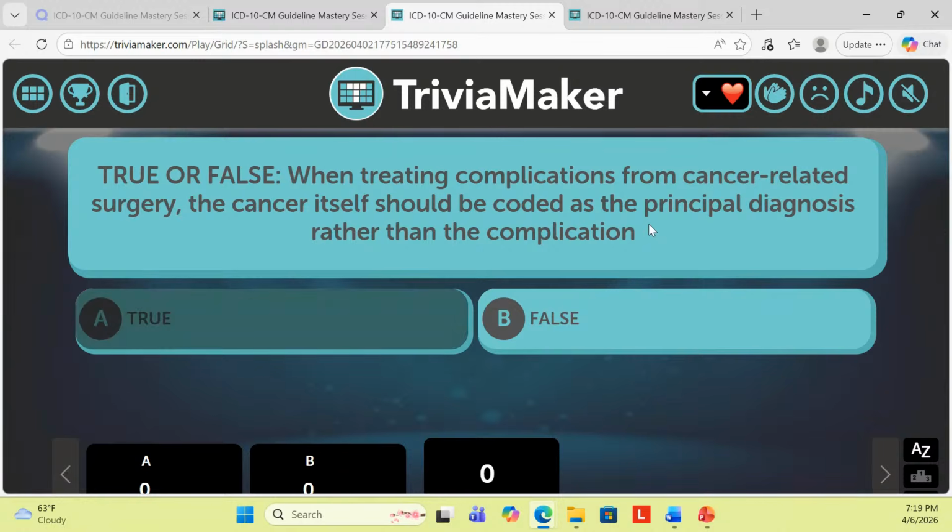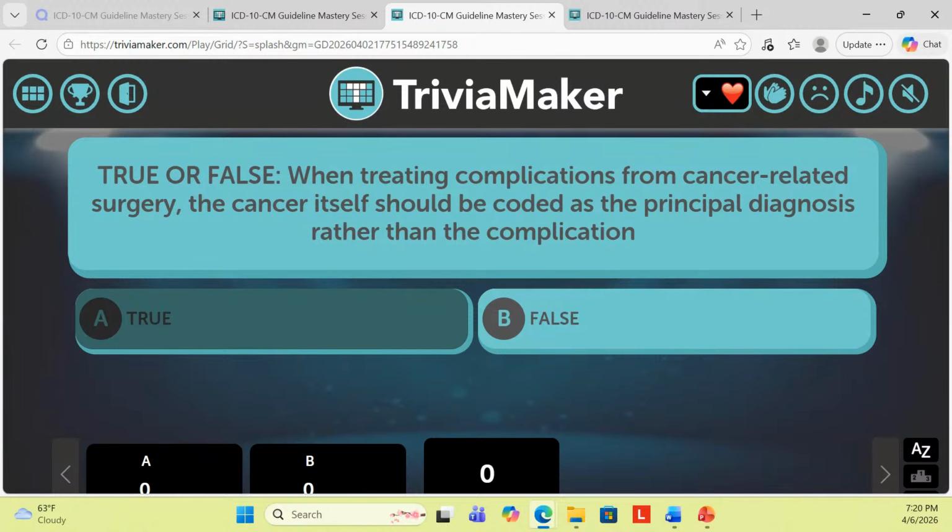Alrighty. So this one is going to be false. The guideline says when treating complications from cancer-related surgeries, the complication itself should be coded as the principal diagnosis rather than the cancer. So this is just flip-flopped.